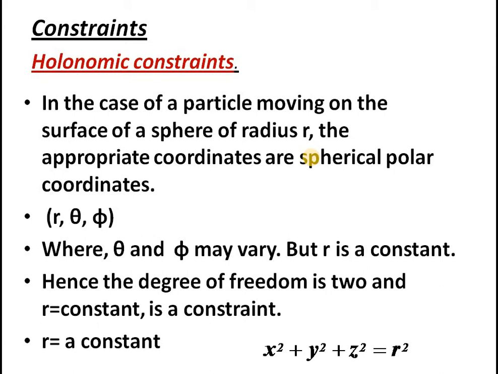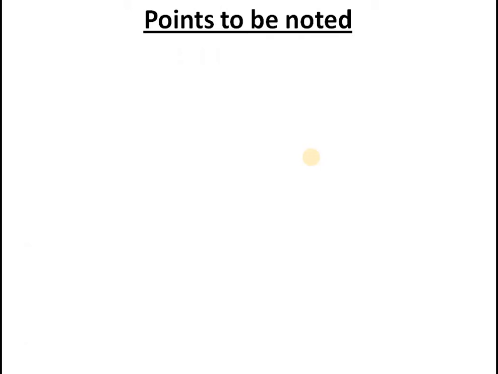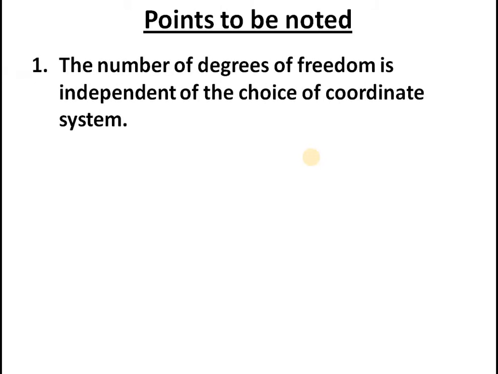R is constant. Here you must note that we have to take care of certain important points while fixing degrees of freedom, that is, the minimum number of coordinates. First, the number of degrees of freedom is independent of the choice of coordinate system. In the previous example, the ant moving over the surface of a sphere, you can represent its position using x, y, z in a Cartesian coordinate system, and even in a spherical polar coordinate system.